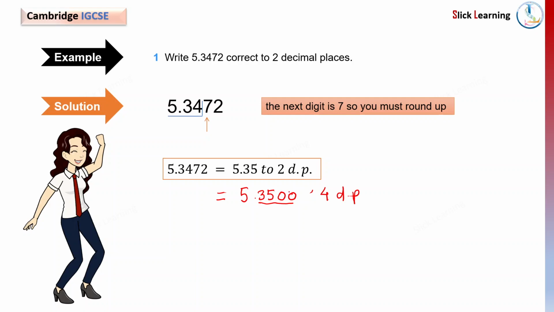It is no more up to 2 decimal places. It is still up to 4 decimal places. So you are not going to round the remaining digits to 0. You will just leave those digits. We are not going to write 5.3500. That's wrong. We are going to write only up to 2 decimal places.